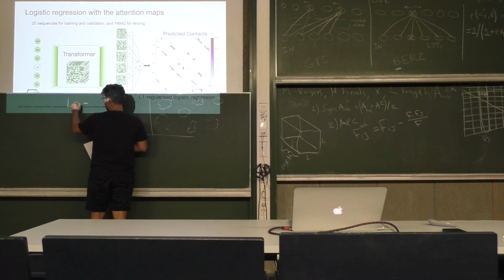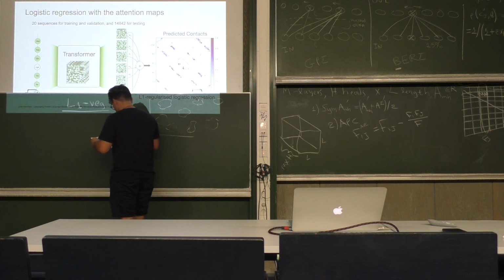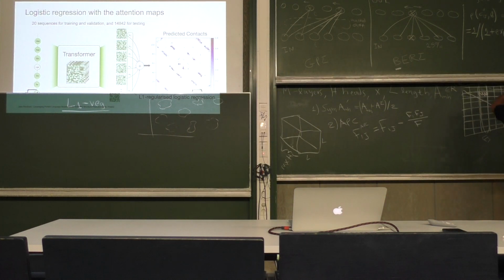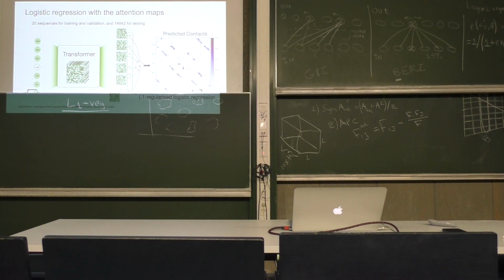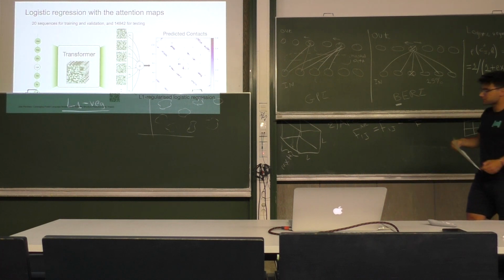So L1 regularization. By the way, these are the weights for logistic regression. So these are the weights that are position independent, so there is no ij index. This is W on the slide. It's called beta here, and these are all the different ij for different heads for different layers.